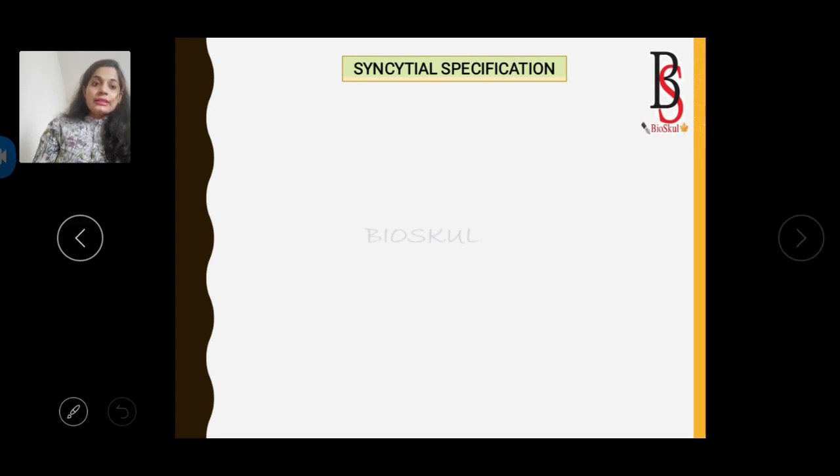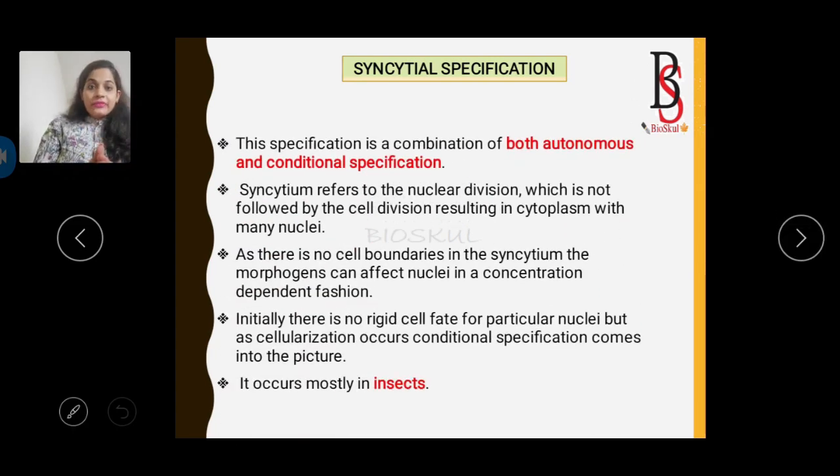Now comes the syncytial specification. This specification is a combination of both autonomous and conditional specification. So what is syncytium? Syncytium refers to nuclear division without cell division, resulting in cytoplasm with many nuclei.